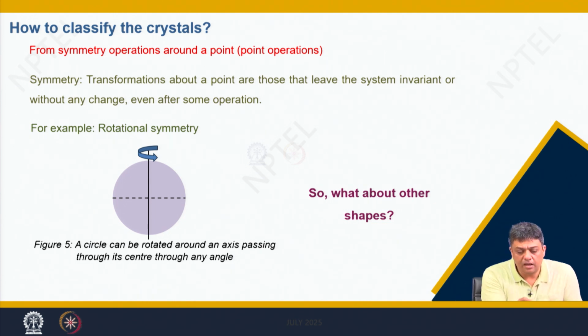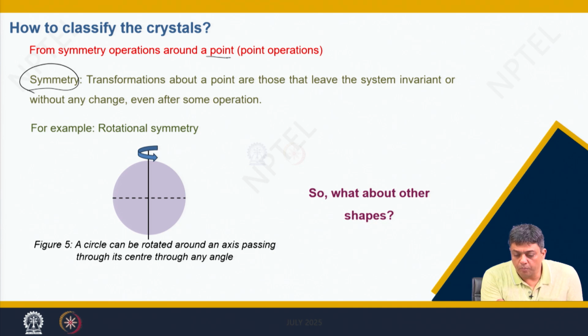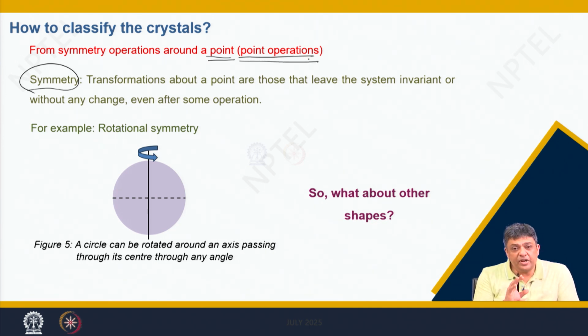If you see, the first term we have been talking about is symmetry, and you have another term which is called point operations. That means symmetry is around a given point. What is the symmetry of the atom?